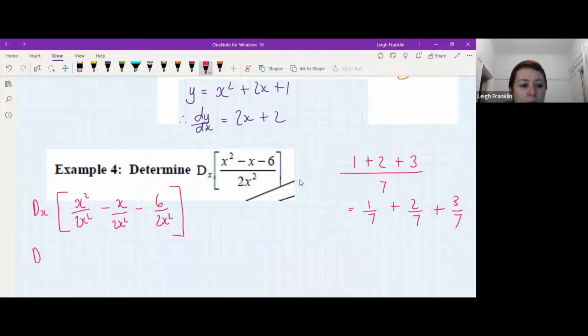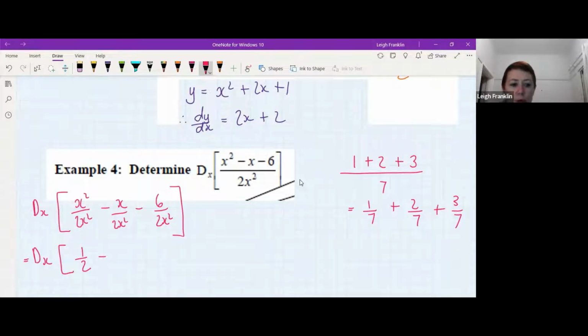Okay, so again we can write equals dx like so, and here x squared divided by x squared would leave me with 1. So the first term would be 1 over 2. I hope that makes sense to everybody.